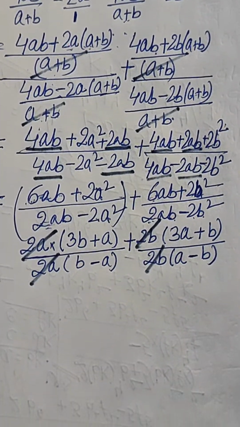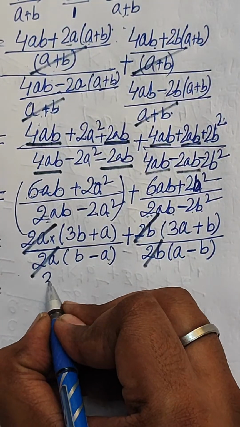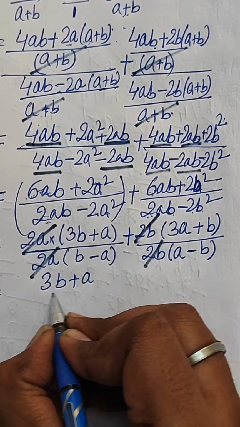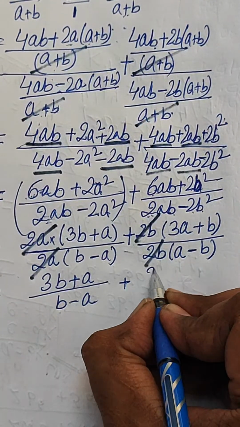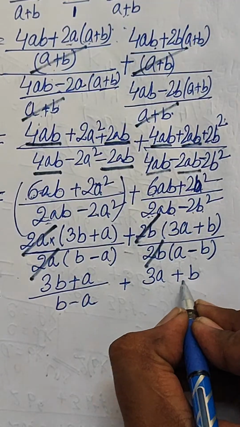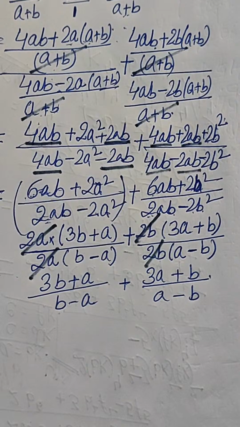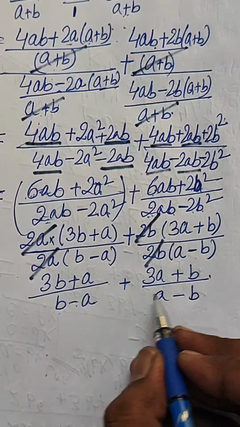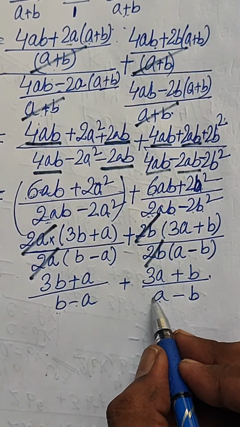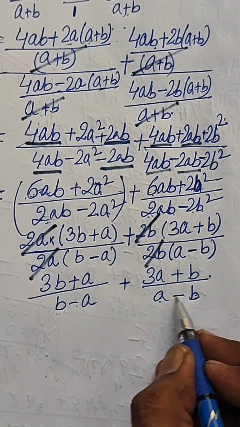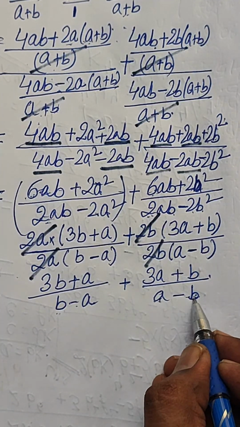And we are left with what? We are left with 3b plus a by b minus a plus 3a plus b by a minus b, right? Here you can see b minus a and a minus b. If minus is taken as common from here, it will also convert into b minus a, right? Hope you understand the step.